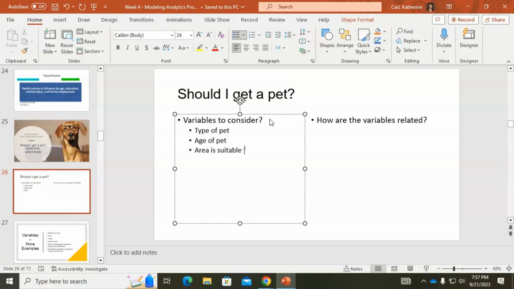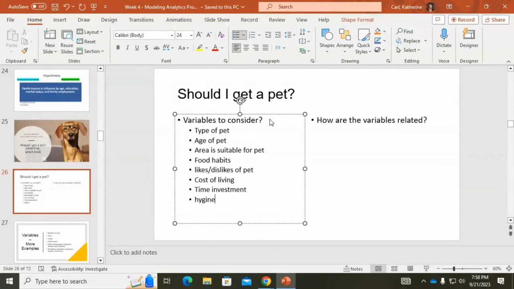Area is suitable. Food habits. Say that one more time. Food habits. Oh, food habits, yeah. So what to feed the pet, what he likes and what he dislikes. Lifespan. Lifespan, okay. Of pet. Type of breed. Cost of living. Cost of living, okay. Time investment. Time and investment, okay.